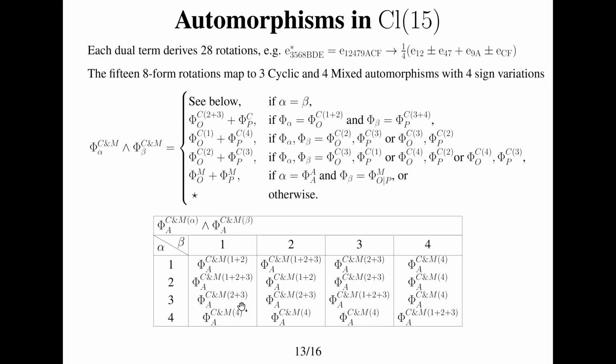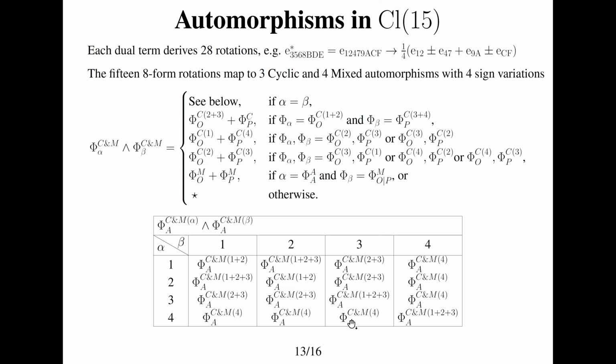So let's look at what the O part multiplied together gives. We can multiply the O part, the A part automorphisms, and we denote the signs as upper indices 1 and 2. We're looking at both the cyclic and the mixed parts together. So there's 7 terms for every sign variation, and you multiply them together, and you get this interesting table, which actually simplifies into a change of basis into the 1, 2, 3 sign part, which is all of that part, and the 4 part.